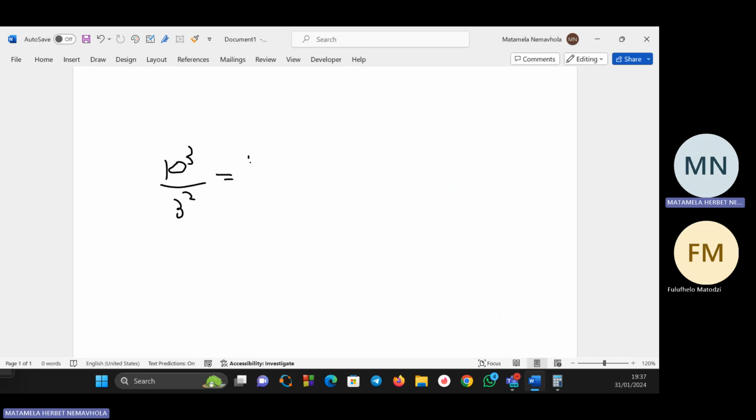So what I can do is say 10 multiplied by 10 multiplied by 10, divided by 3 multiplied by 3. So we know that 10 times 10 times 10 is going to be 1,000 there.